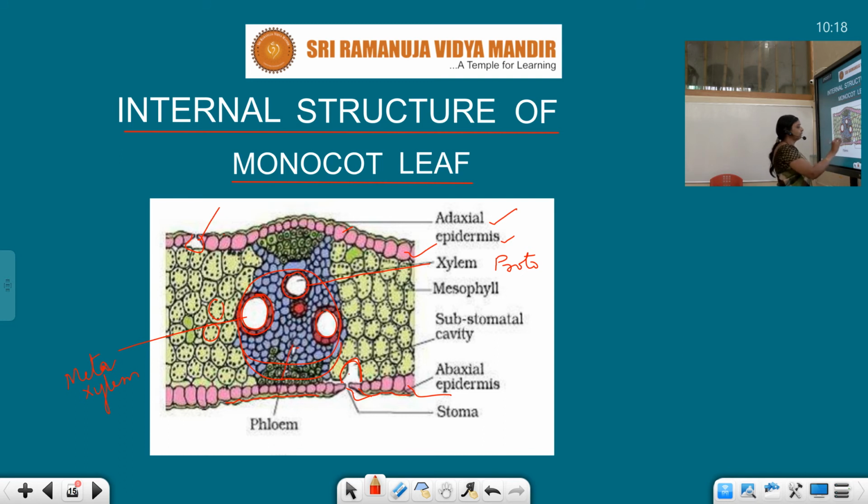So on the lower side we can see this part is phloem, and here stomata, and here you can observe the bundle sheath. It is also surrounded by a parenchymatous bundle sheath, but the extensions are sclerenchymatous. Bundle sheath extensions are sclerenchymatous, and here some of the cells are large, which are known as motor cells.